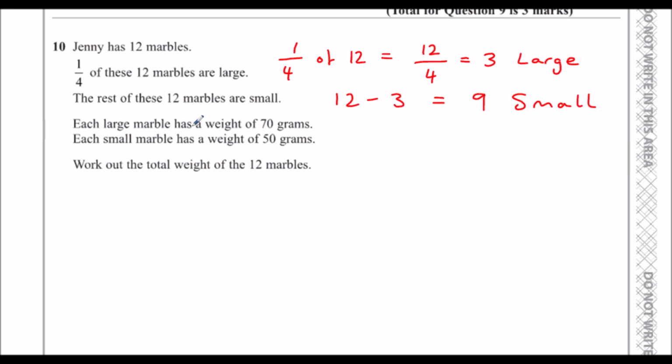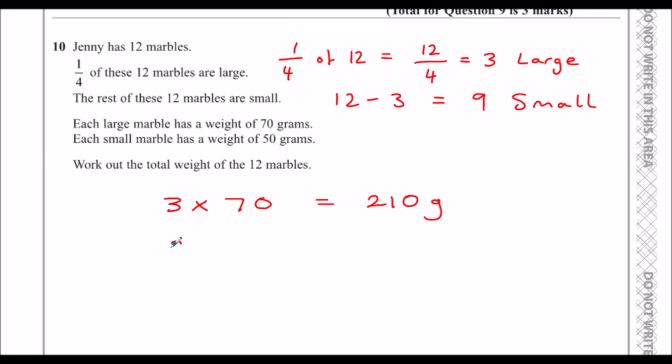Each large marble has a weight of 70 grams, and each small marble has a weight of 50 grams. Work out the total weight. So we've got 3 lots of 70. 3 times 7 is 21. Add on the 0. That's 210. Each small marble has a weight of 50 grams.